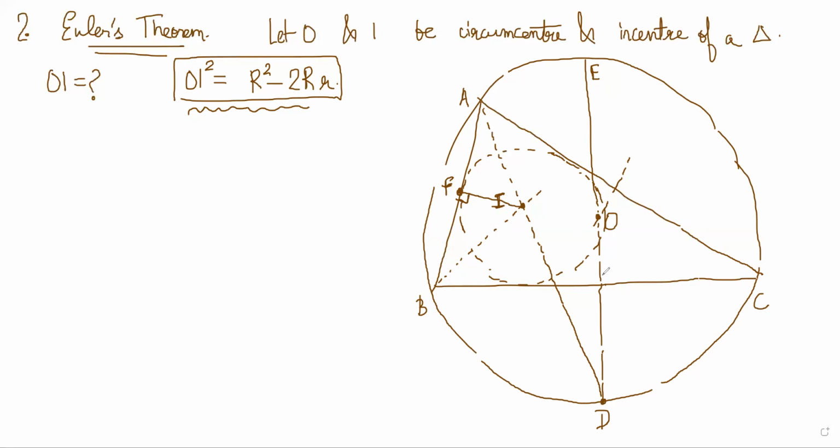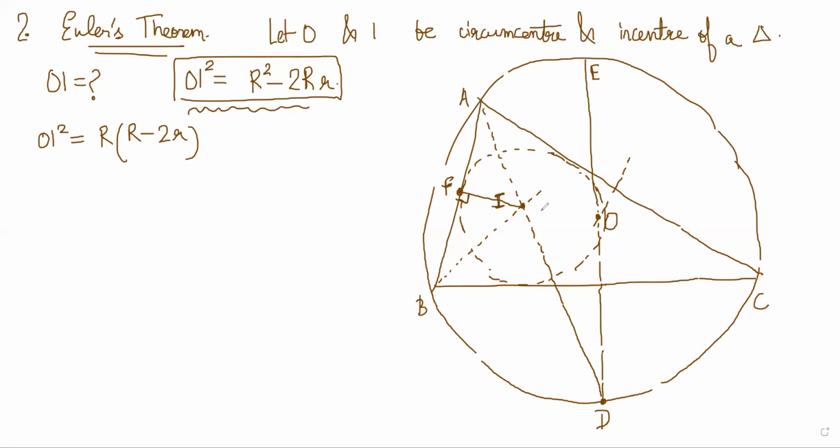Now what we need to prove is that OI square is equal to R square minus 2Rr. That means OI square is equal to R into R minus 2r, right?